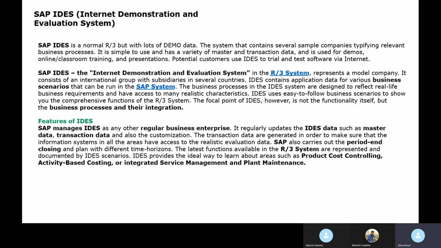Whatever data you preserve will be saved in a single database. Every module, like we are with plant maintenance, other modules are also there: the finance module, material management module, production planning, HR. All are using only one database.